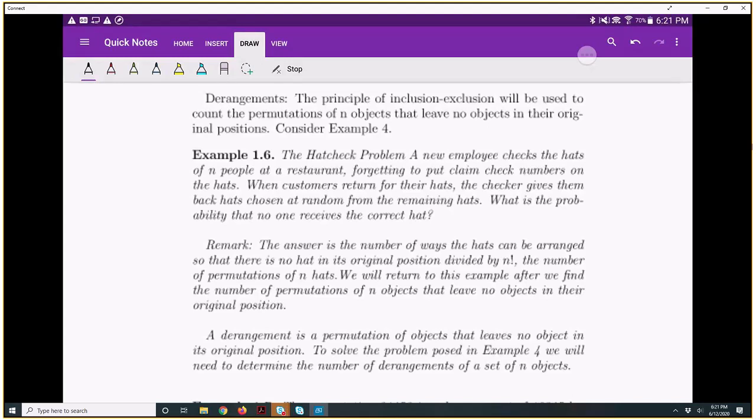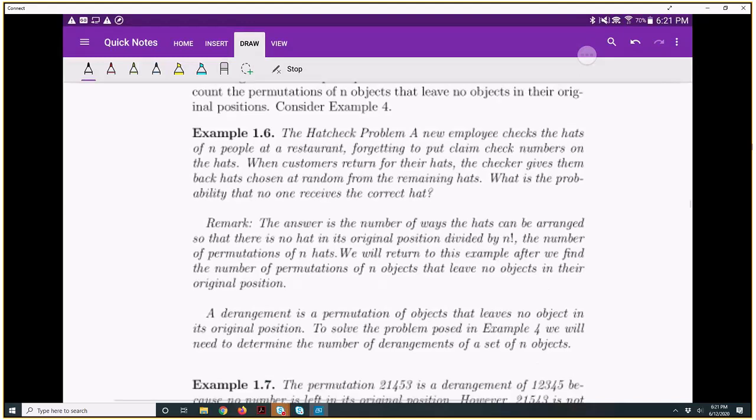So one famous example of thinking about derangements is the hat check problem. So we are saying a new employee checks the hats of n people at a restaurant, forgetting to put claim check numbers on the hats. When the customers return to pick up their hats, the hat check person gives them back hats chosen at random. And the question asks, what is the probability that no one will get back their correct hat?